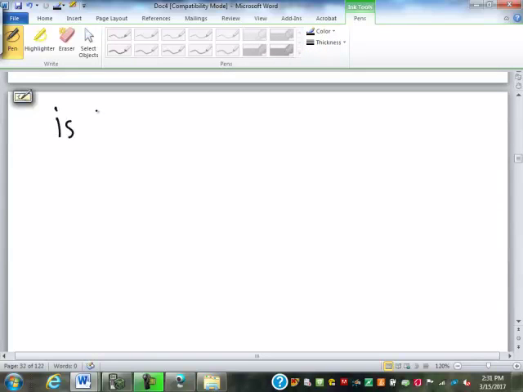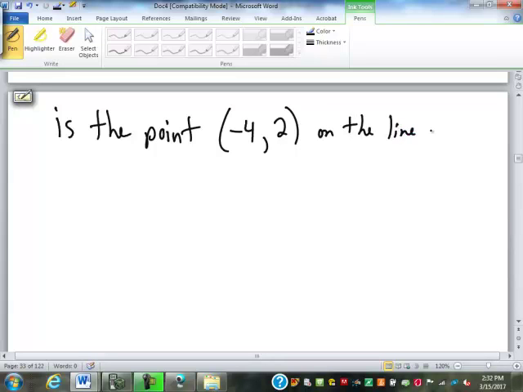So is the point -4, 2 on the line y equals negative 1/2 x plus 1?